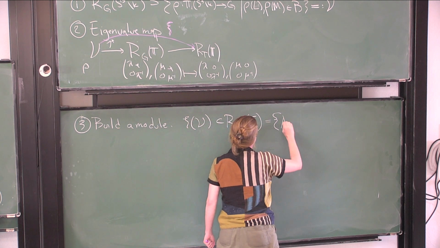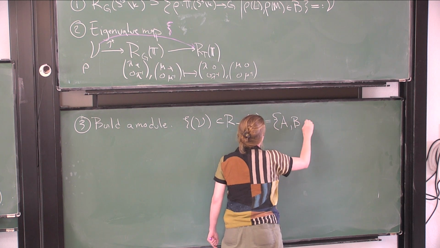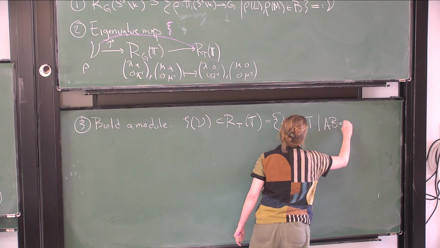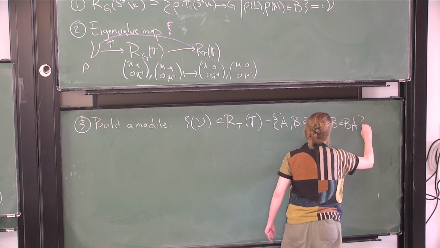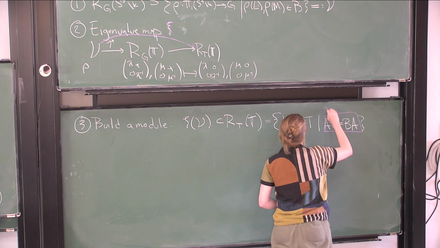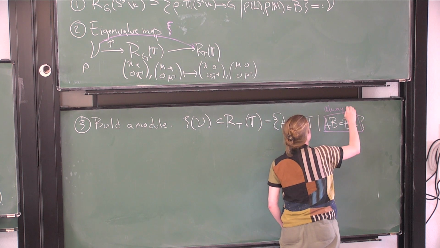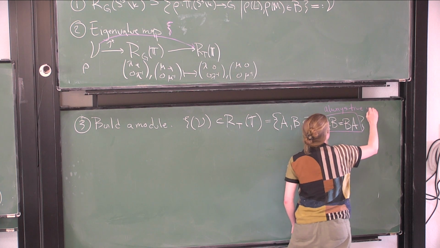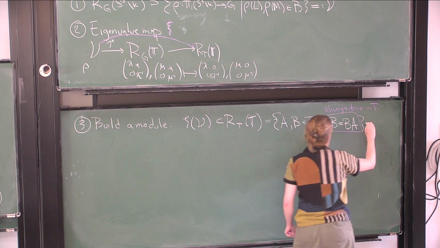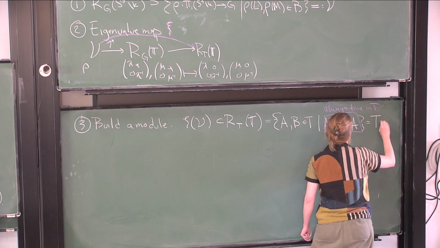And I knew that it was pairs of elements inside there such that AB equals BA. But now this is always true in T, because it's commutative, so this space is just two copies of T. So T cross T.